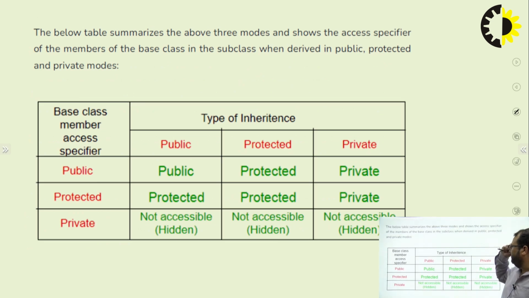Okay. So this table summarizes the above three modes and shows the access specifier of the members of the base class in the subclass. Here we see the base class member access is public, and these are the types of inheritance.